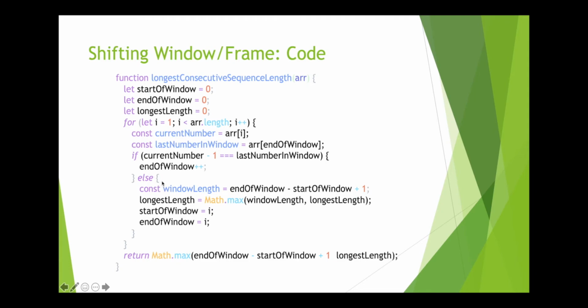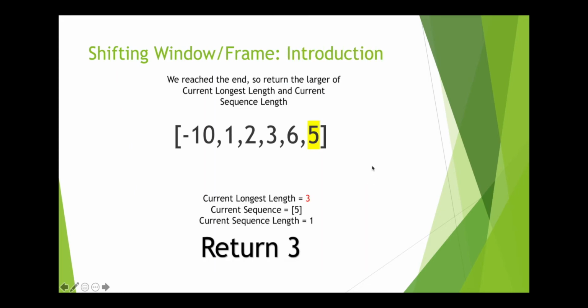Otherwise, if that isn't the case, this is where we have to reset our window, right? So we're going to first calculate the window length by doing end of the window minus the start of the window, plus 1. We're adding 1 here because this accounts for the first item in the element. So imagine in this case where our start of the window and our end of the window are at the 5th index item, 0, 1, 2, 3, 4, 5.